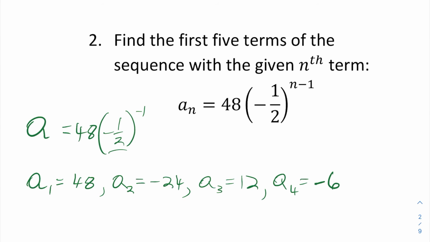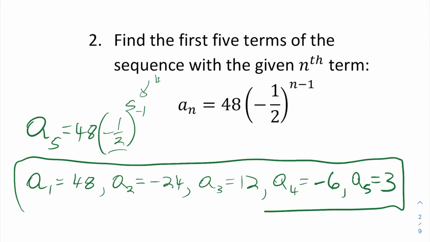We just replace those with 5s. And that's going to be 48 times negative 1/2 to the fourth power. Negative 1/2 to the fourth power is positive 1/16. And 48 times 1/16 is just 3. So A5 is just 3. And there we found the first 5 terms of the sequence.